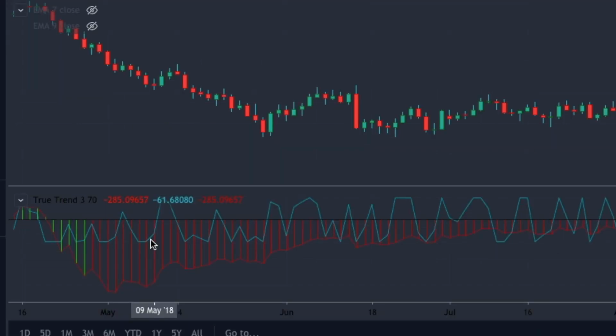So for example, you can see right here, follow my pointer, follow this Entry CCI, which is the blue line. Anytime the Trend CCI is negative, we do not want to take a short trade anytime the Entry CCI is also negative. Because that means price is already moving toward the trend and it's too late to get into the trade. We want to wait.